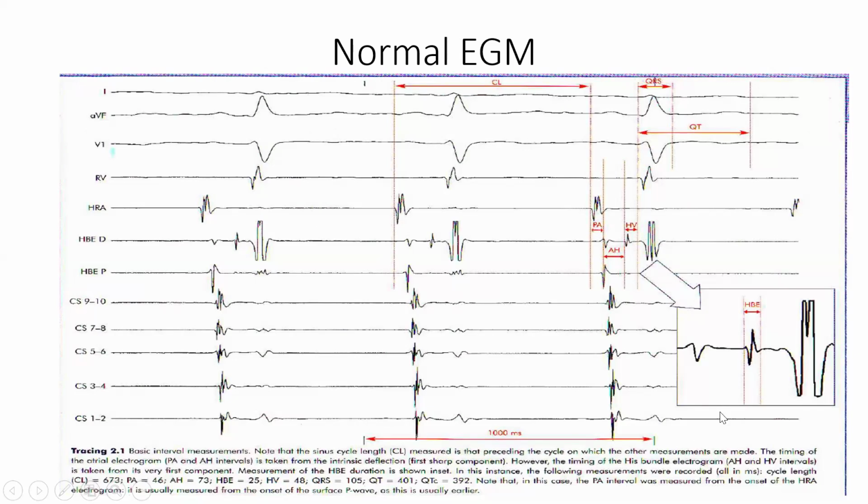So this diagram helps us to buttress our AH, the His activity, and the HV. There are conditions where the His can split. We'll see that in our Braunwald questions. It just tells you that there's a problem with the His. If you're having two His spikes, it tells you that there's a conduction problem in the His bundle, which is an infranodal problem.